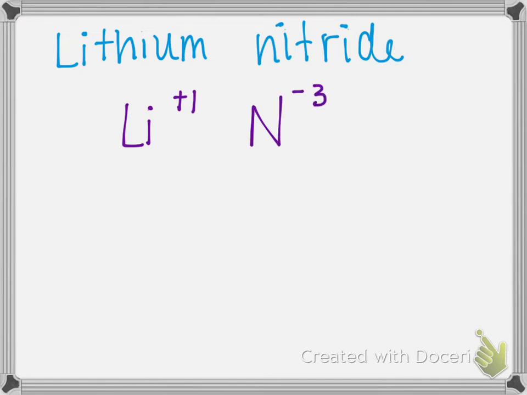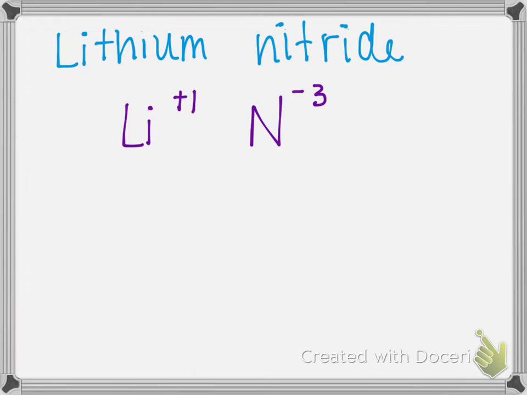So I want you to be able to look right away and say, well, +1 and -3 are not going to balance. And if I add in another nitrogen or nitride, that's not going to help either, right? Now I've got -6 on this side and only +1 over here. So that doesn't work. So we really have to see which one do I need more of, right?